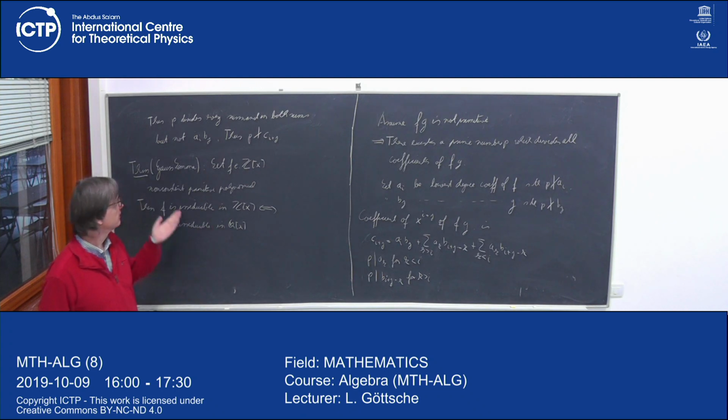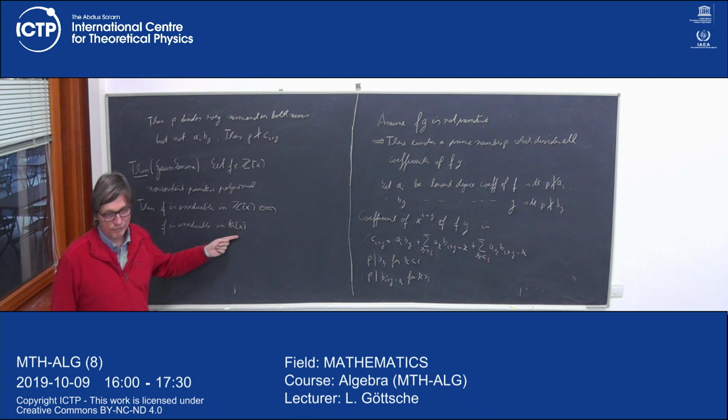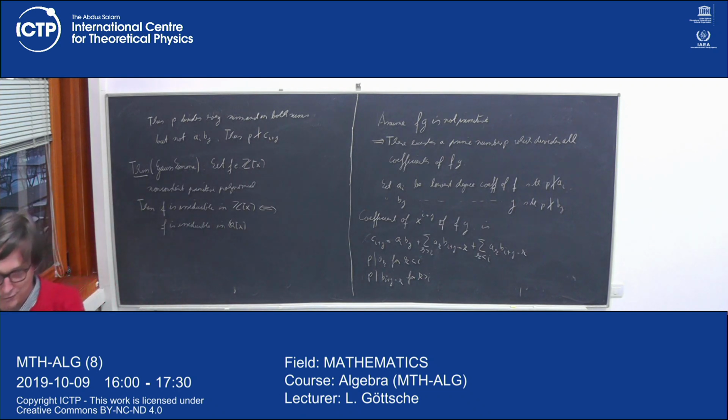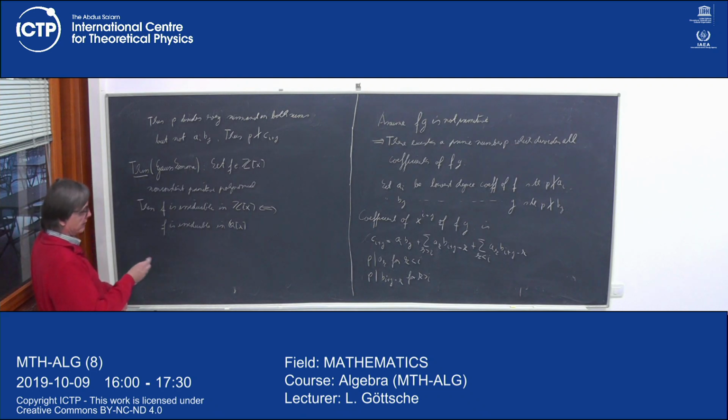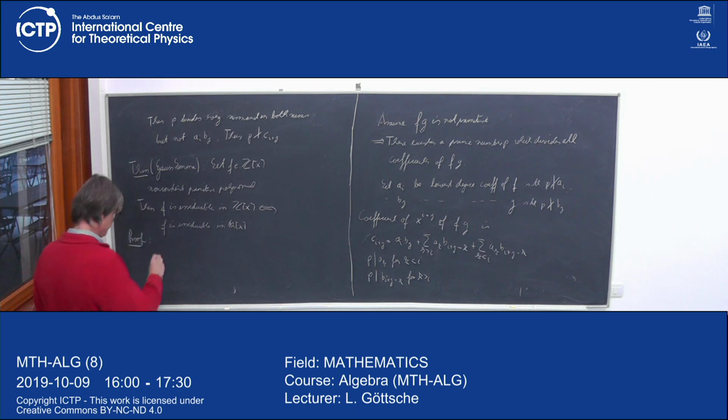But the claim is if the polynomial is primitive, it's equivalent. So the fact that we allow coefficients in Q does not help us to find the factor. That's one direction, the other one is kind of trivial. So we start with the easy direction.